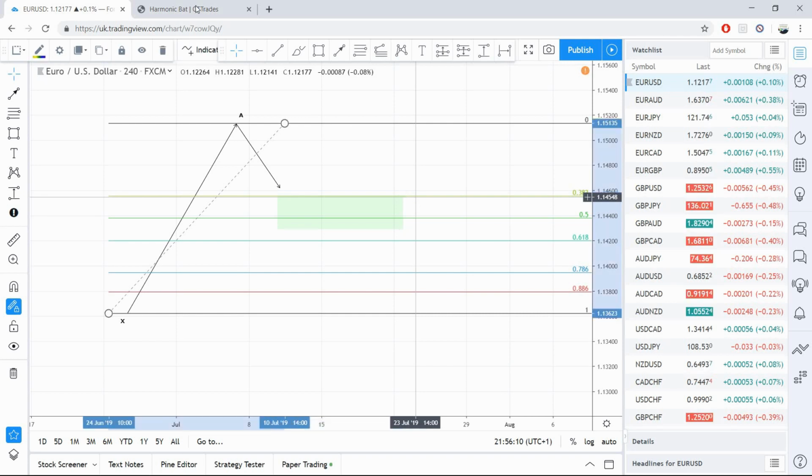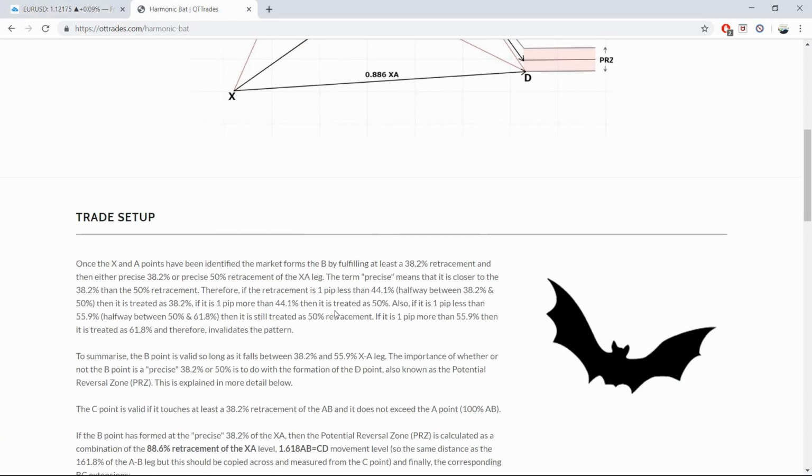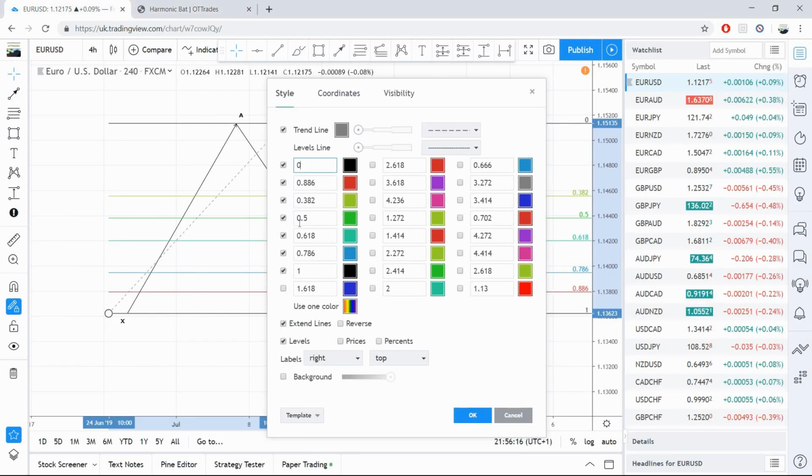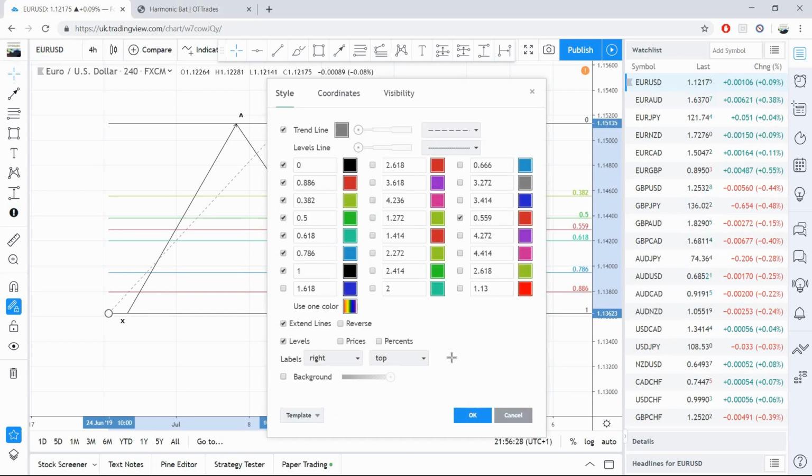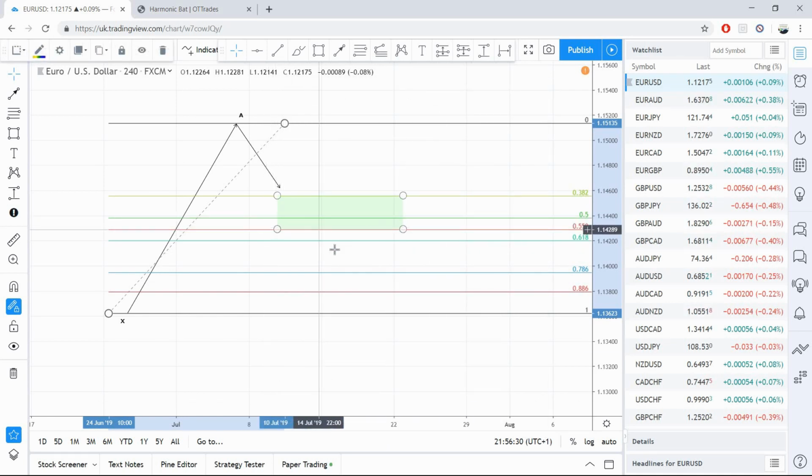It cannot exceed 55 point, what was it? 55.9 is halfway between 382 and 618. So let's just do that here. 55.9. Helps if I tick it. Not a bad guess with that box there. So 55.9.